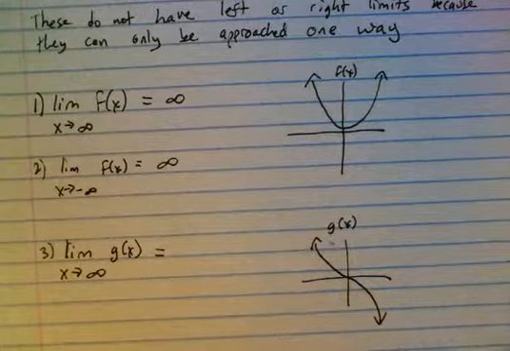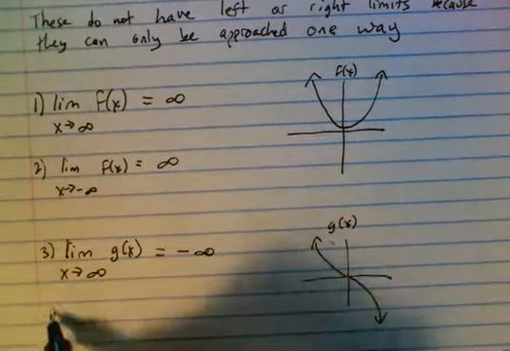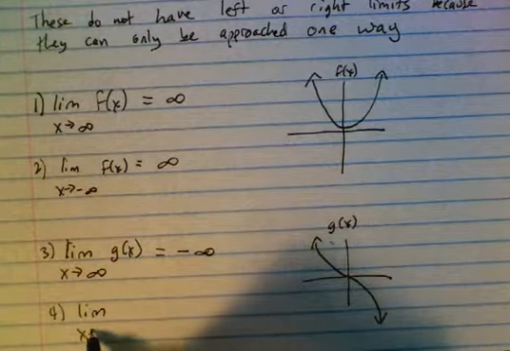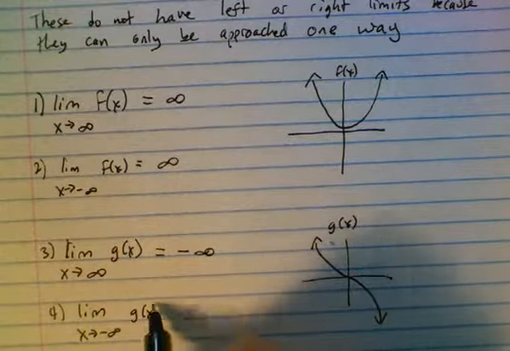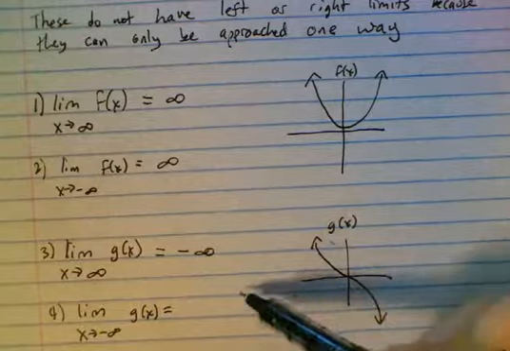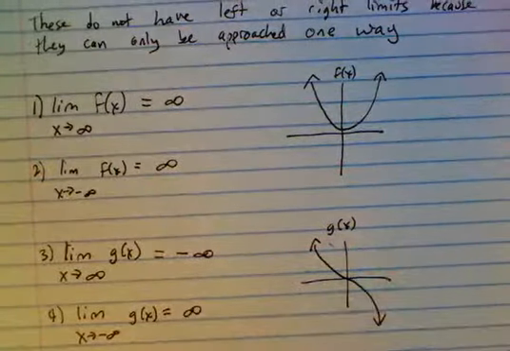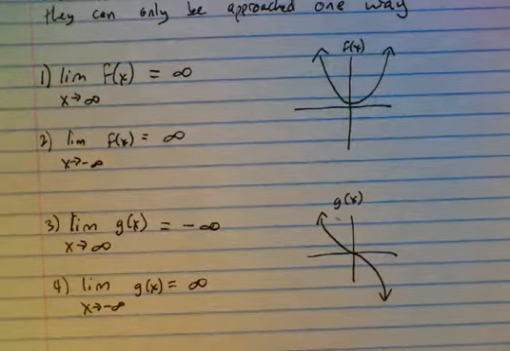It's getting more and more negative. It's getting infinitely negative, in fact. So the limit's just negative infinity. And over here, as x gets more and more negative, y is more and more positive, infinitely positive. So that limit is still positive infinity.